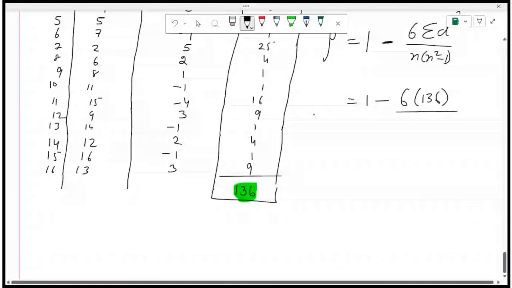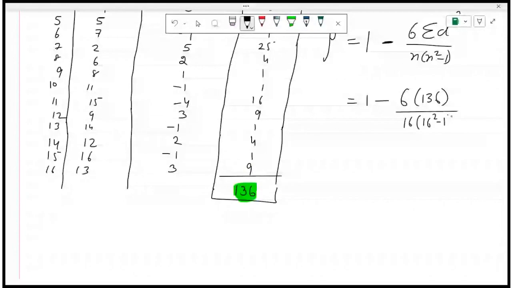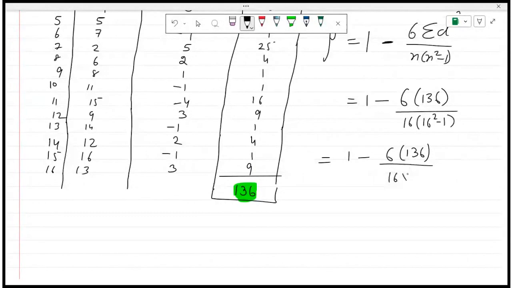So 16 into 16 square minus 1. So this is 1 minus 6 into 136 divided by 16 into 15 into 17.